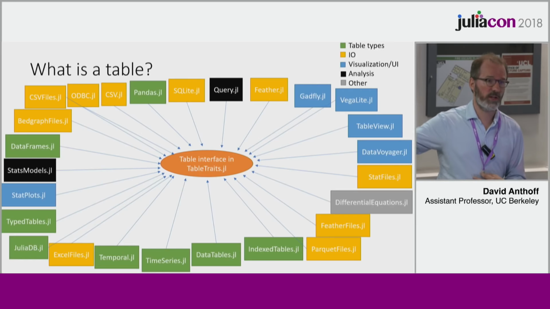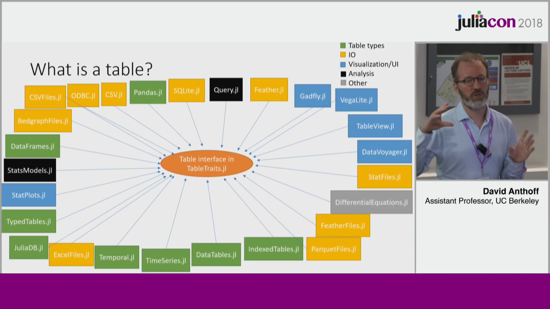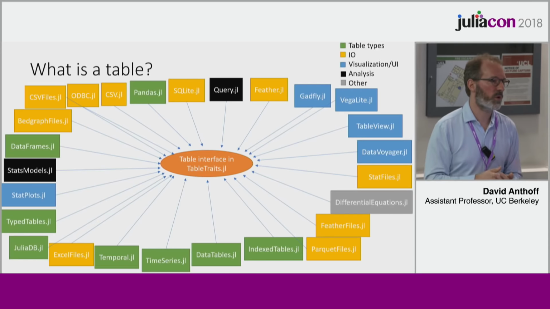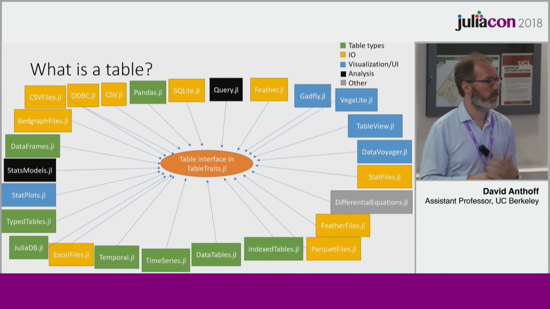DataVoyager is the interactive exploration tool that I showed you. TableView is a package that shows data frames in a grid. It's integrated with the Query package, obviously, and then with StatsModels. Those are packages that provide analysis functionality.